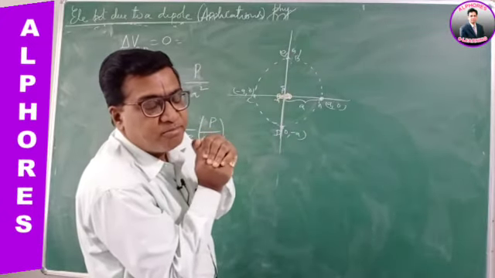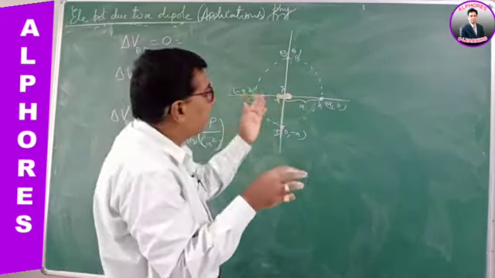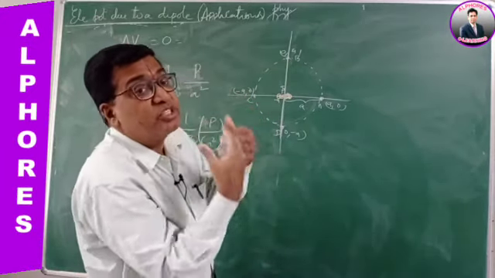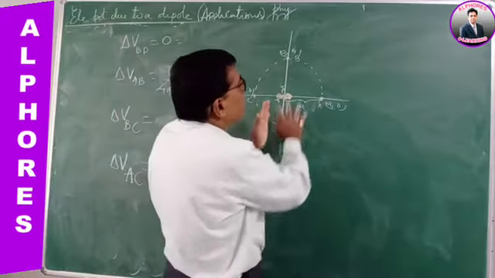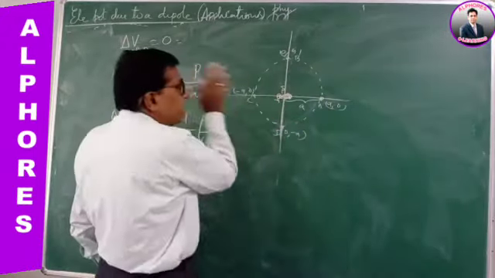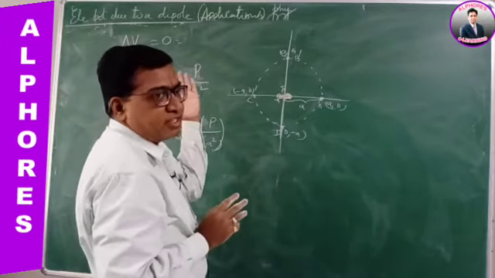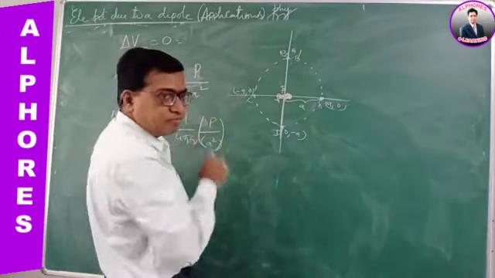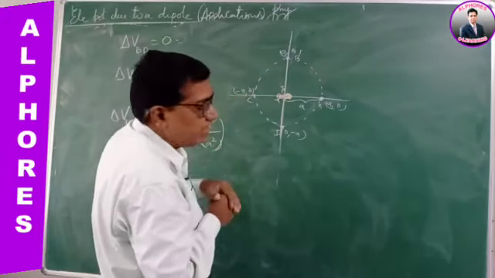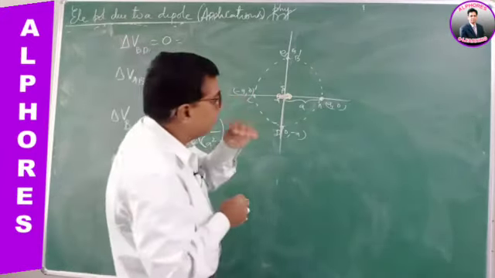Then the positive potential is more, and since they are far away from the negative charge, the negative potential is less. So positive potential is dominant, in the sense that the potential is positive. Similarly, all the points on the left side of the dipole, the second and third quadrants, are nearer to the negative charge and far away from the positive charge.